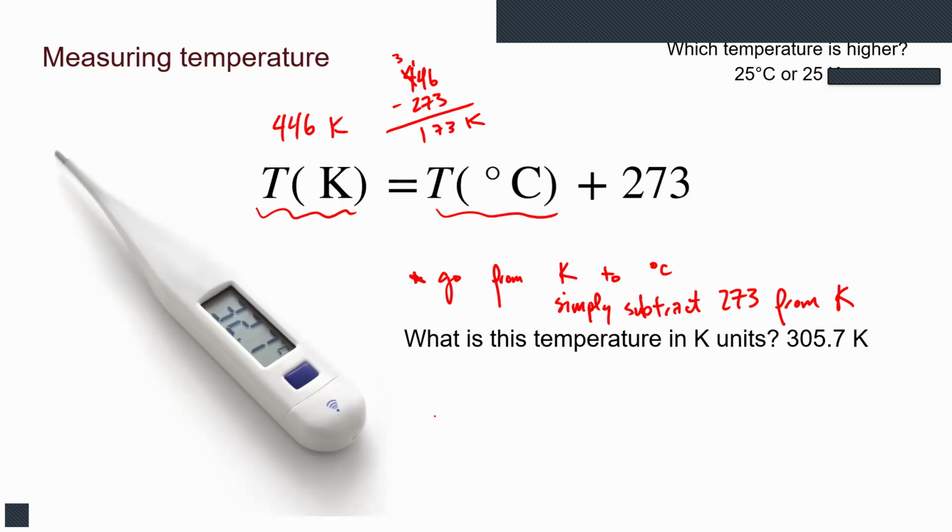And then vice versa, to go from degrees Celsius to Kelvin, simply add 273 to degrees Celsius to get Kelvin. Okay, so that's the calculations that we had for yesterday.